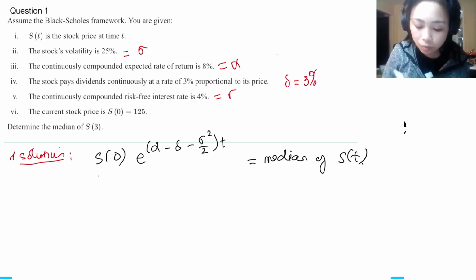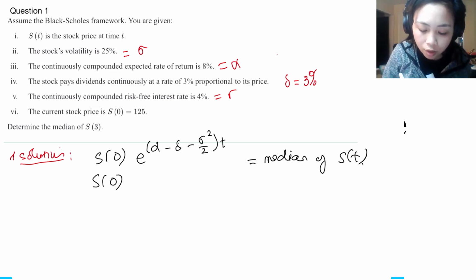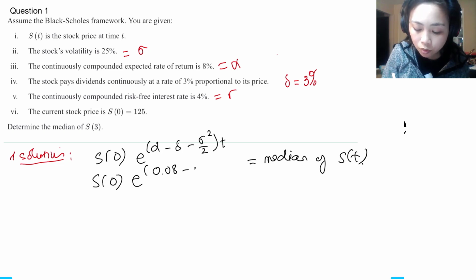So the median of S of 3 is just S of 0. Anywhere you see t, you have to replace it with 3. So this is e to the alpha, which here is 8%, so 0.08, minus delta, which is 0.03, minus sigma squared, 0.25 squared over 2.